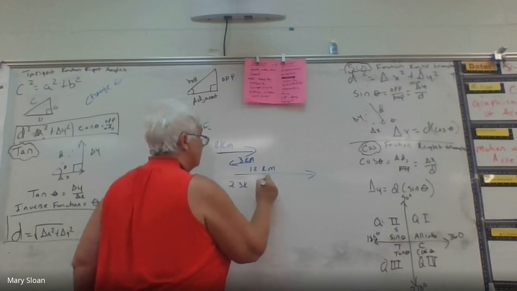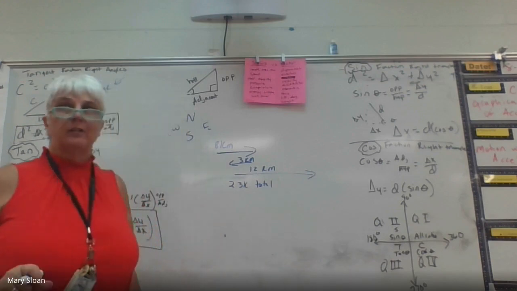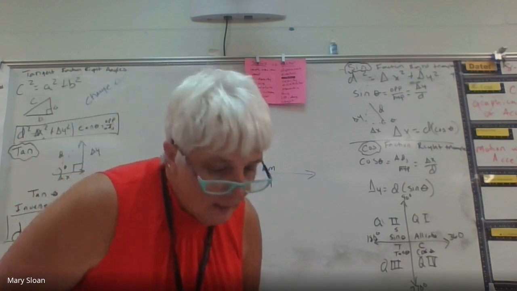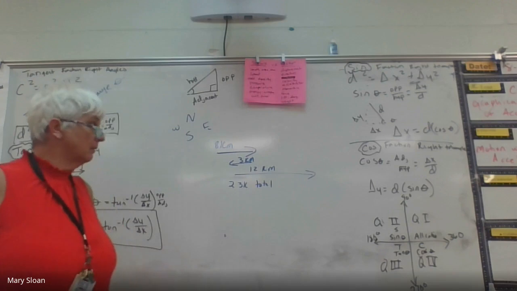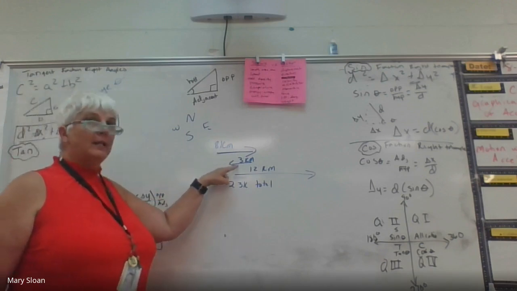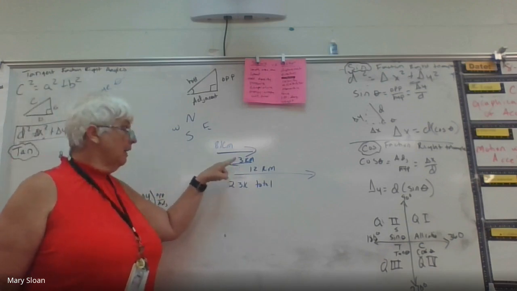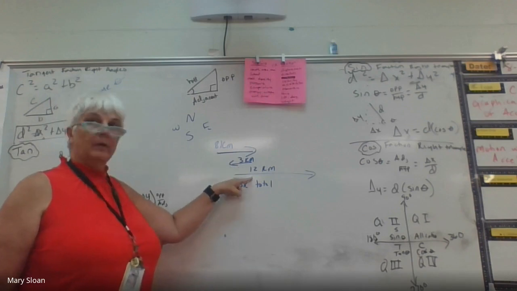That's total. All right. Now let's do what he was trying to do. The next thing asked us, what was his displacement? Well, 8 minus 3 is 5. What are we going to do with this? Add it. What's my total?